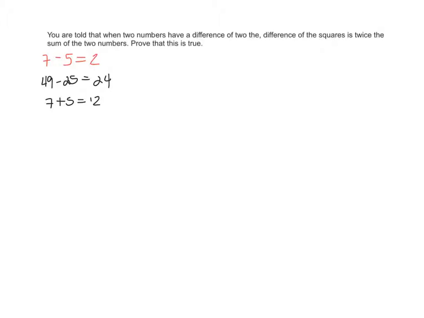So what I'm going to do, I'm going to define my two numbers as n plus 2 and n. Okay, so these are my two numbers. This is my first number here, and that's my second number. If I were to subtract them, then my answer would be 2. So I've already established that of these two numbers, the difference between them is 2.